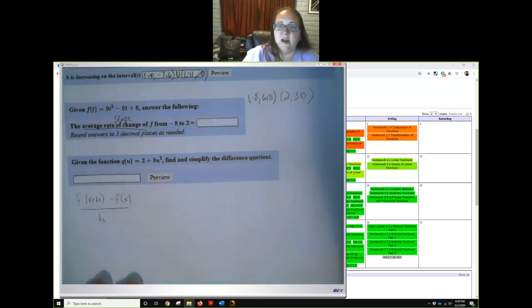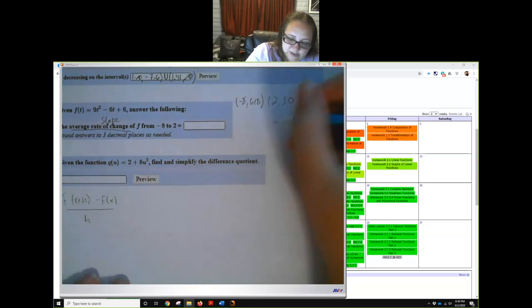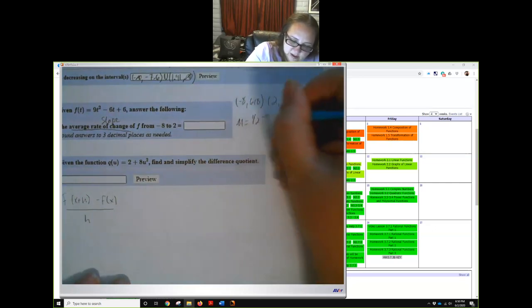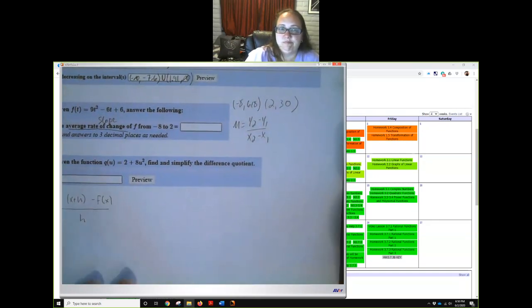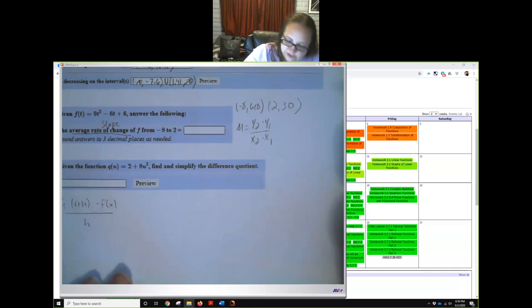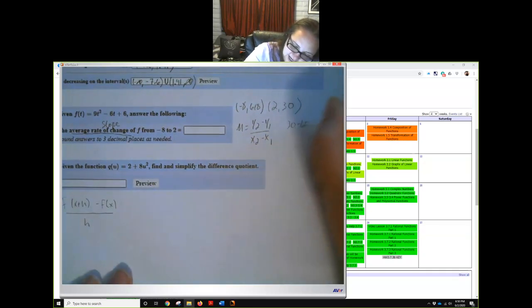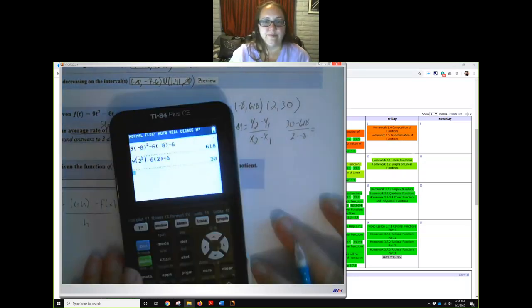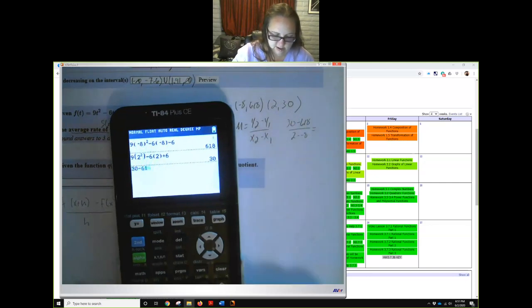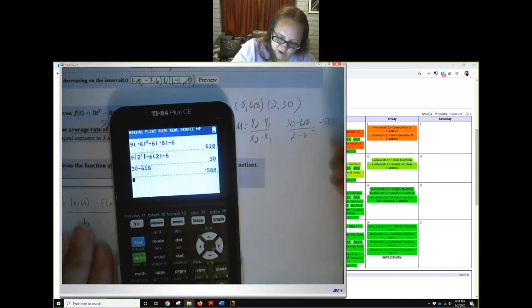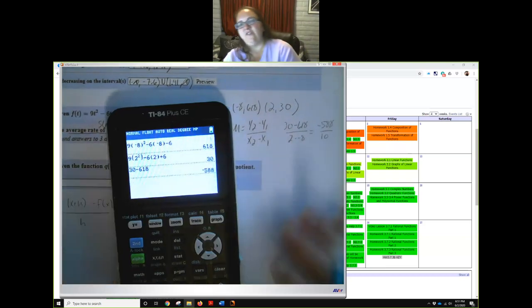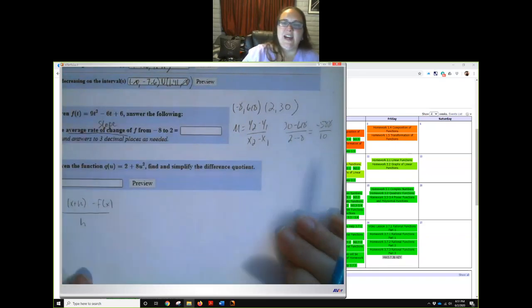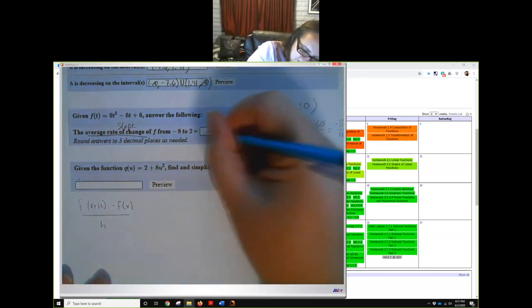From here, I just do y2 minus y1 over x2 minus x1, slope. So 30 minus 618 over 2 minus negative 8. Negative 588 over 2 minus a negative 8, which is 10. Negative 588 divided by 10 is negative 58.8.